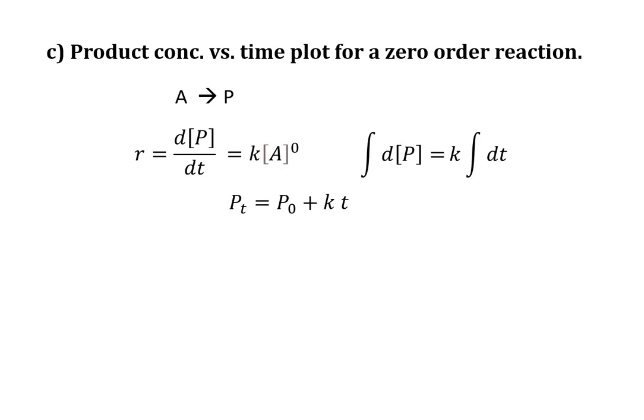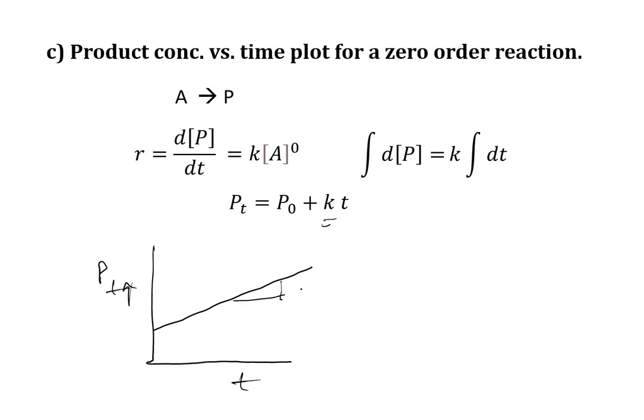So the question demands a plot of P, that means Pt versus time. So Pt or P versus time, and of course it's a straight line with slope K and intercept P0. So it is like this, and this is the slope and that is equal to K. Okay, and this is the intercept which is P0.